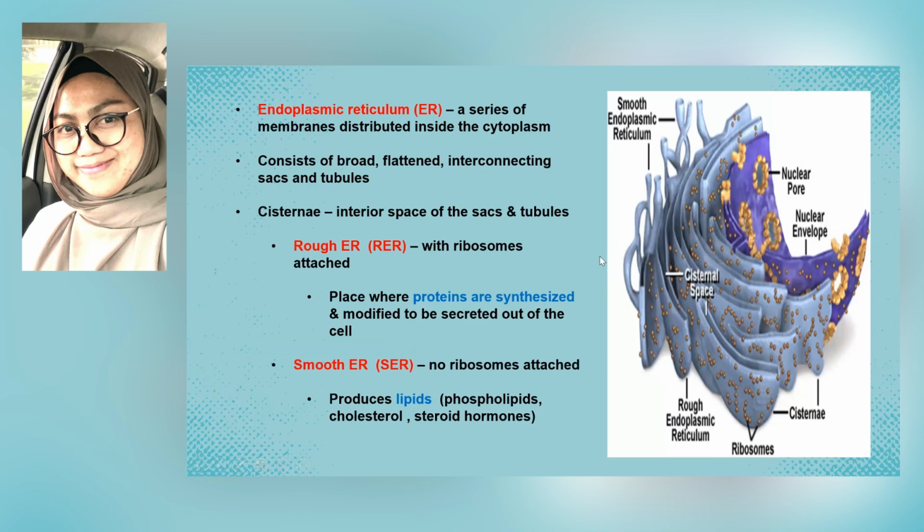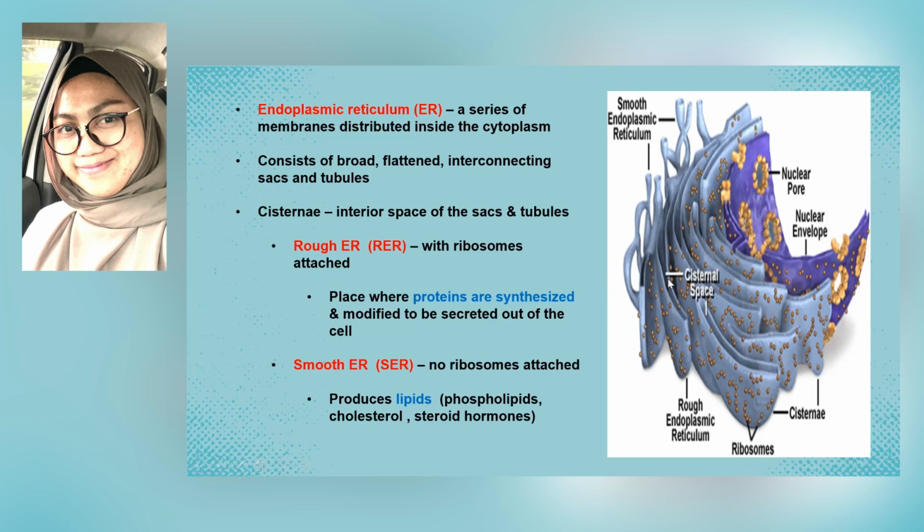Okay, this is one of the organelles found in the eukaryotic cell. The endoplasmic reticulum, ER, is a series of membranes distributed inside the cytoplasm. It consists of broad, flattened, interconnecting sacs and tubules, also called cisternae.